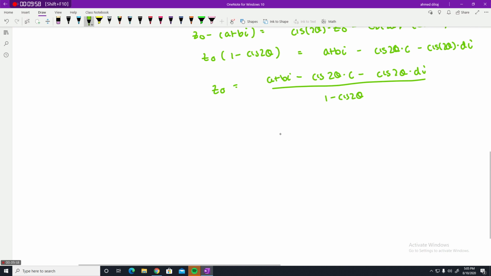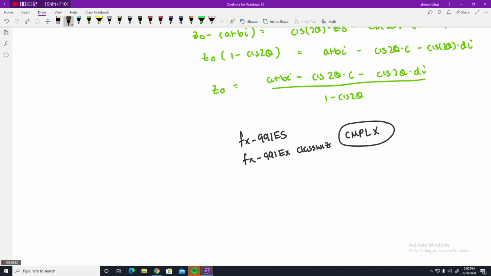If your calculator is either an fx-991ES or fx-991EX ClassWiz, you should just change it to complex mode. If you change it to complex mode, it will automatically simplify this expression for you, for any a, b, c, d that you get.